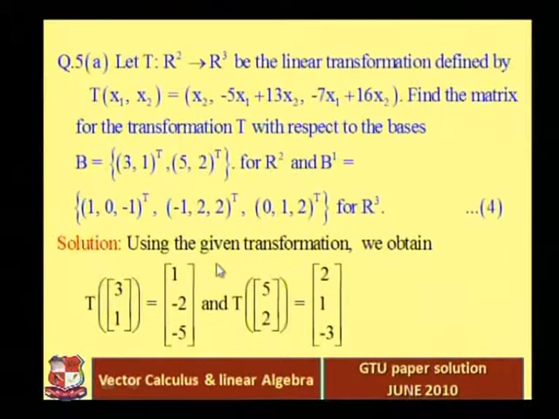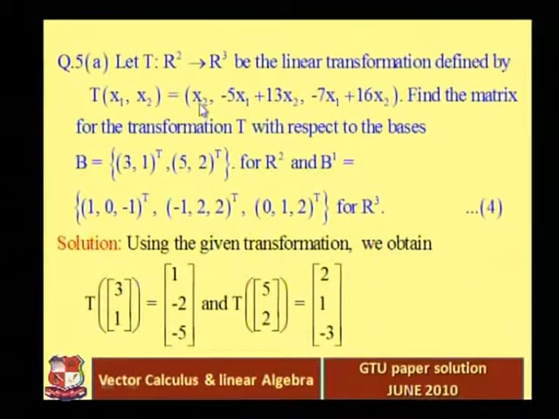Now first we want to find the image vector corresponding to this basis vector of the domain. So T of (3, 1): put 3 and 1 in the definition. x1 is equal to 3 and x2 is equal to 1.